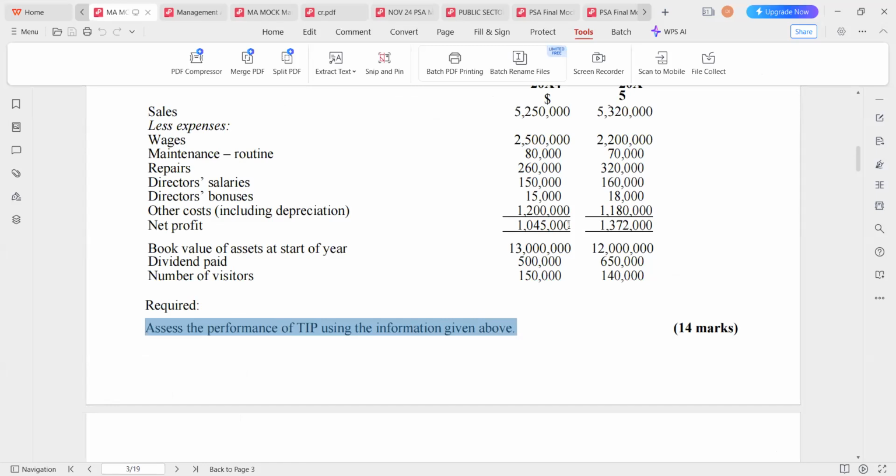A question of this nature is a little bit tricky because not everything has been said. When I mention performance analysis, based on the information made available, you should be able to calculate the key performance indicators. So here you can see both financial and non-financial information from the above.